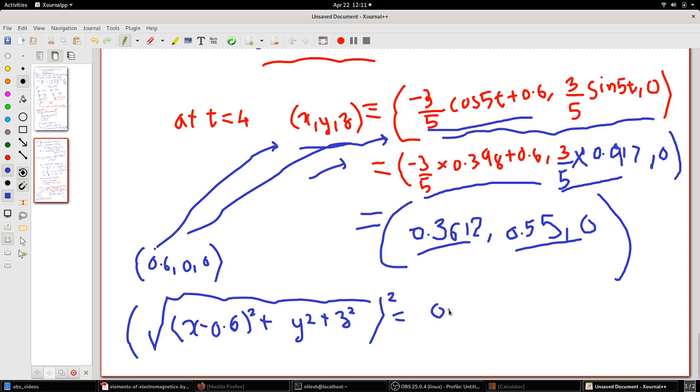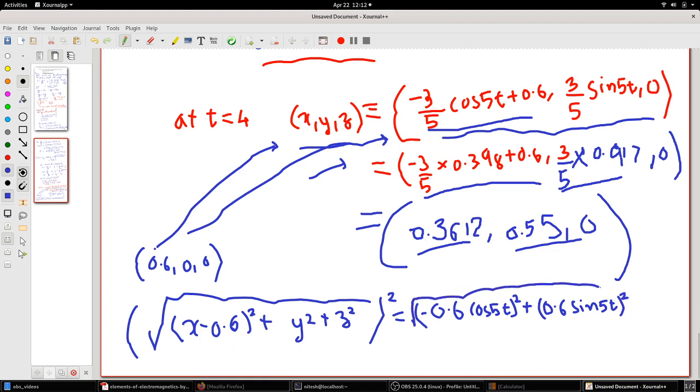That's like 0.6 minus 0.6 cos phi t, the whole square, plus 0.6 sine phi t, the whole square, plus 0.